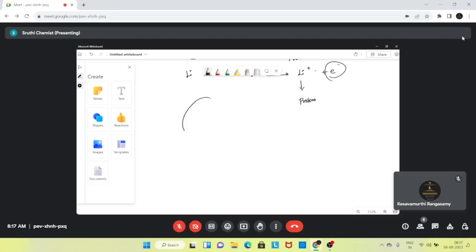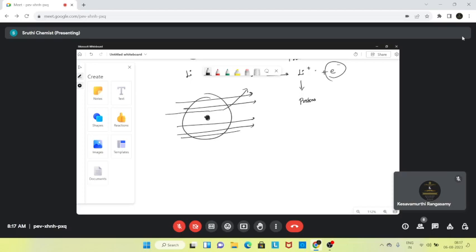So this is an atom and this is the nucleus. There are many empty spaces, so the alpha particles move in a straight line. When an alpha particle comes close to the nucleus, it gets slightly deflected.